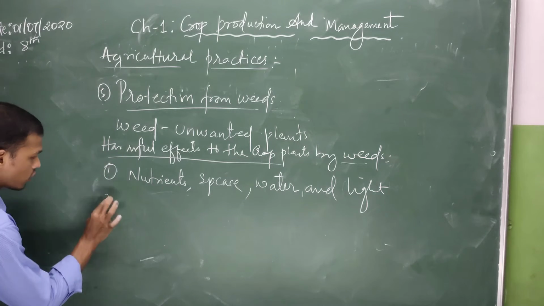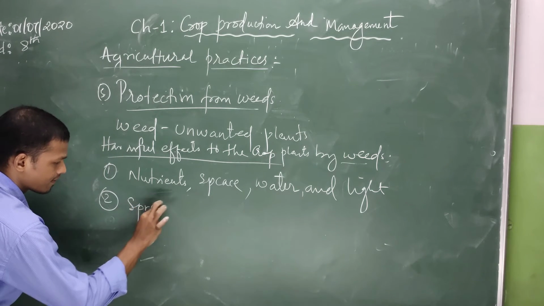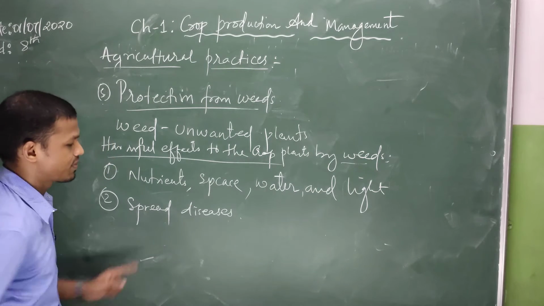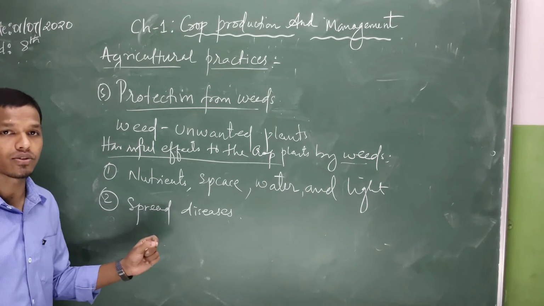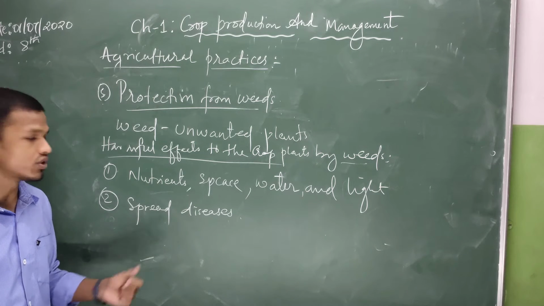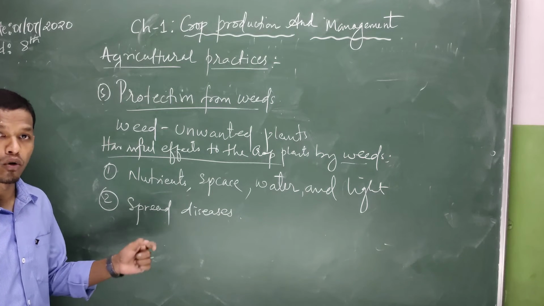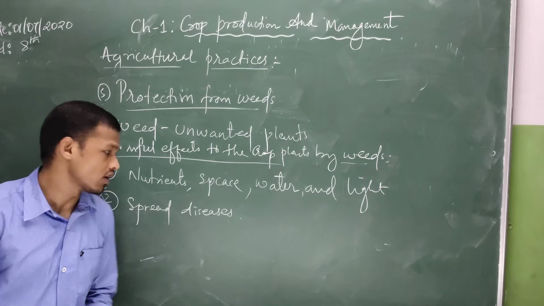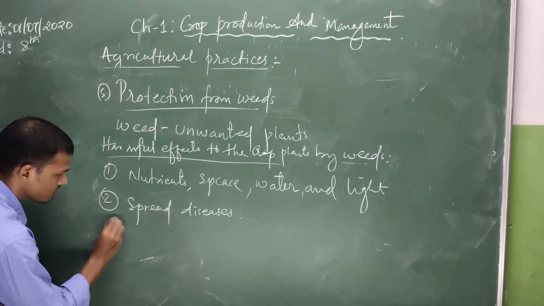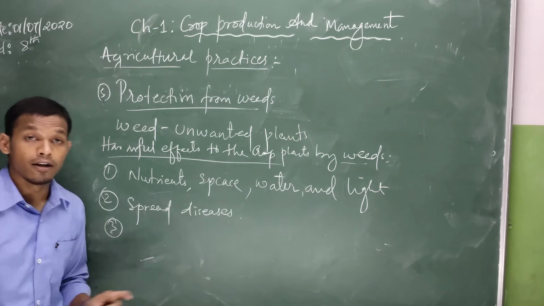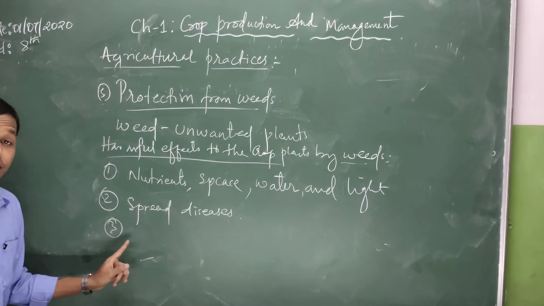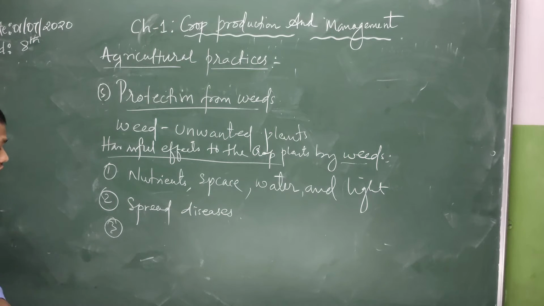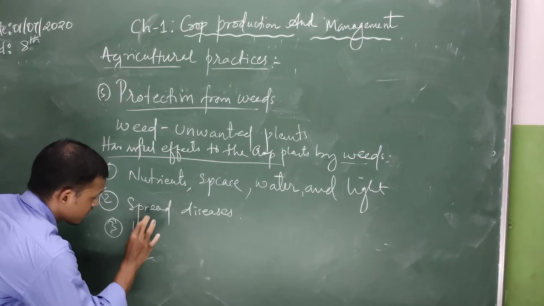The next one is that they spread diseases. Some insects on weeds will spread diseases, which will affect the growth of the plant. Third, they interfere during harvesting time.